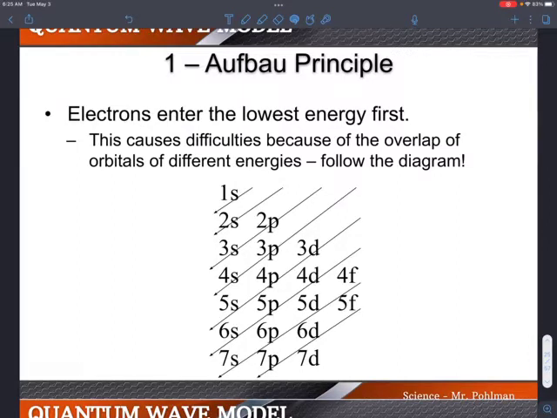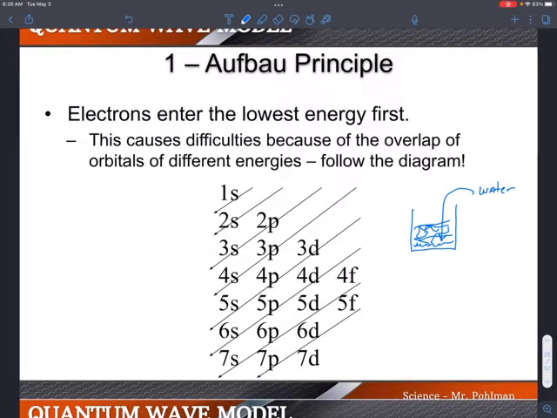Now, you can think of this as, let's say that you have a cup. If you just had one cup and you were going to fill it with water, you know that it has to fill from the lowest, and then it starts to gradually move upwards from there. So we're filling the cup from bottom up.